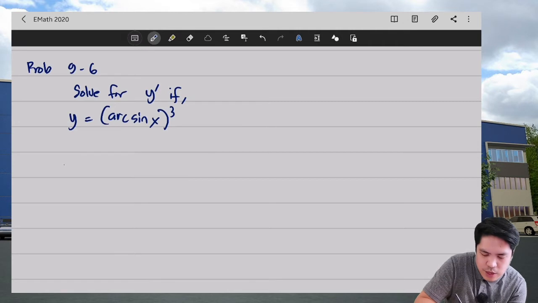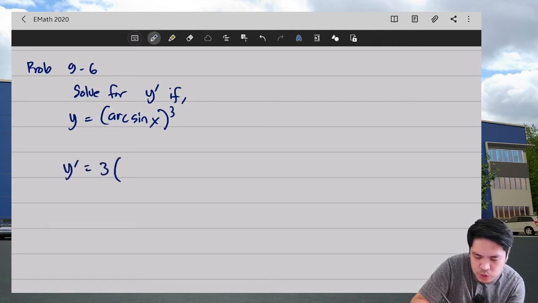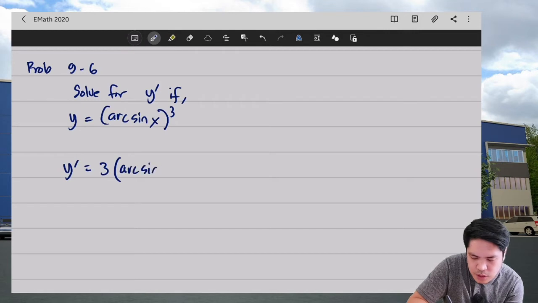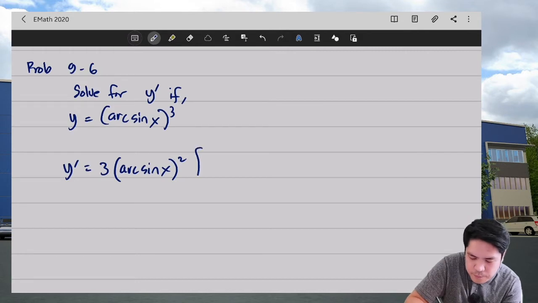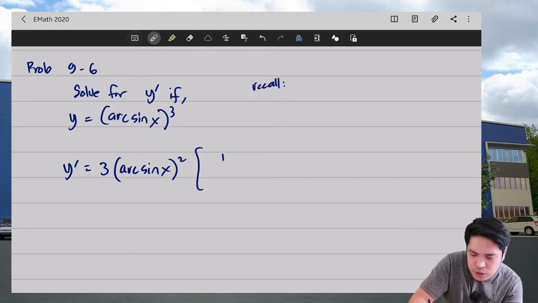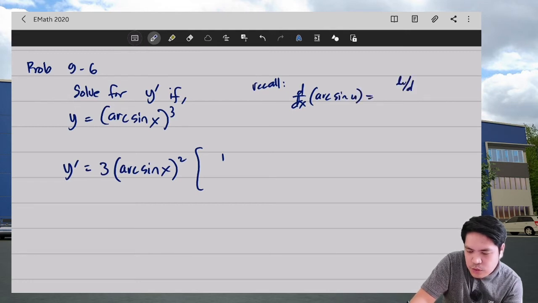So we'll have y prime is equal to, by general power rule, 3 times arc sine x squared. Then the derivative of arc sine x: let's recall that the derivative of arc sine u is equal to du over dx over the square root of 1 minus u squared.